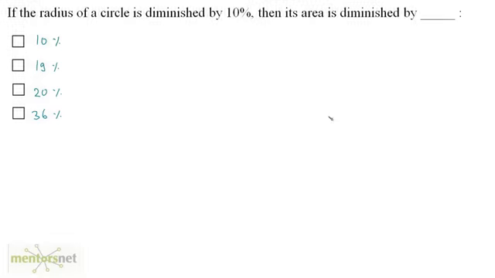If the radius of a circle is diminished by 10%, then its area is diminished by how much percent? Well, let us consider the radius as 10 units. So the area will be equal to pi r square, and that is pi into 10 square, so it will be equal to 100 pi, the area.